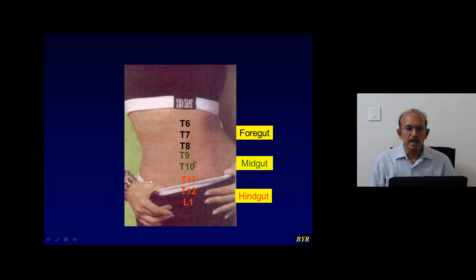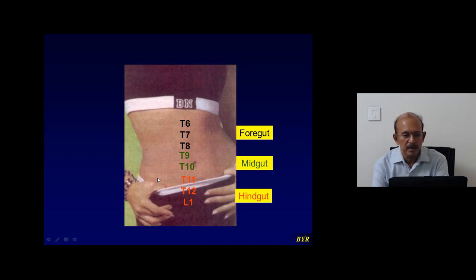So, for example, if the patient is having pain in the appendix, where the patient feels the pain, tell me. T10, very good.